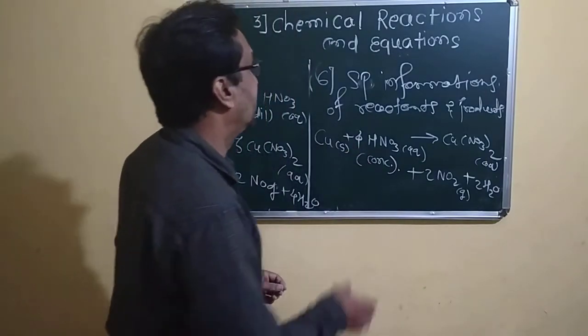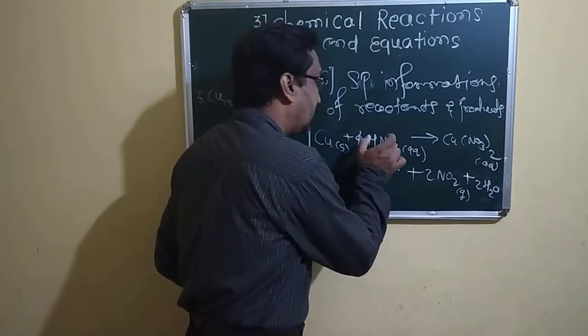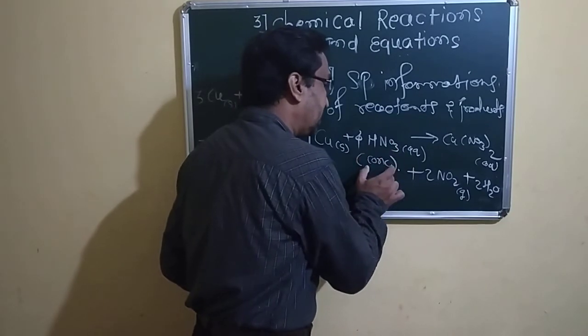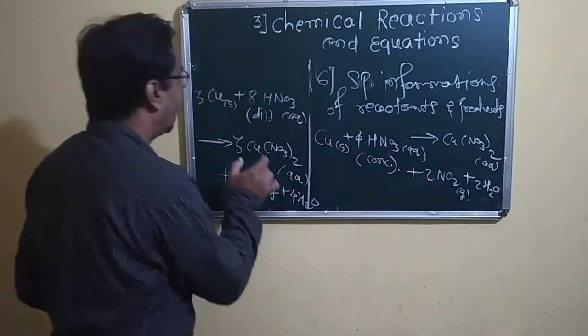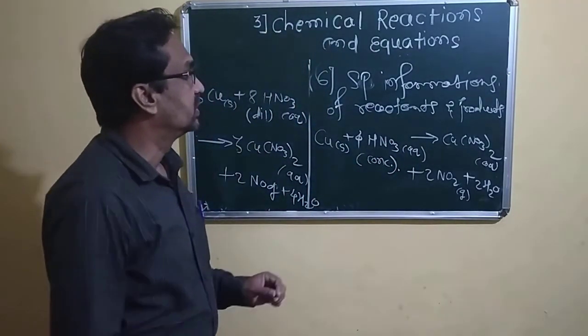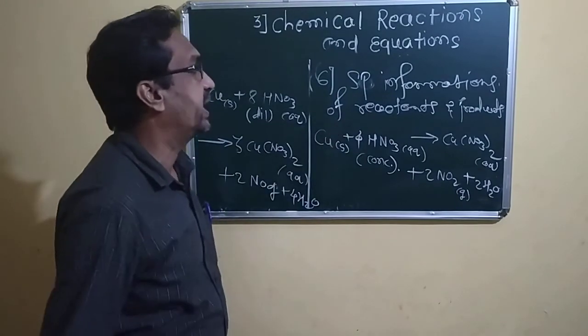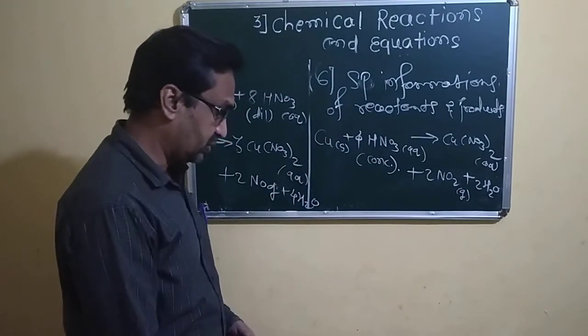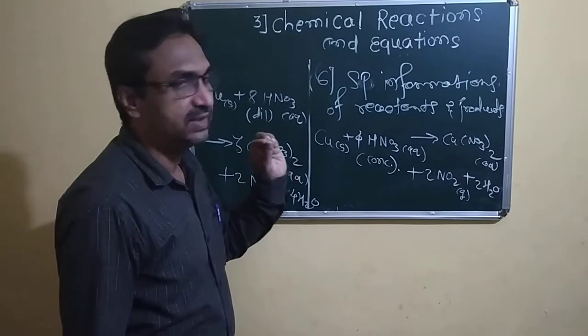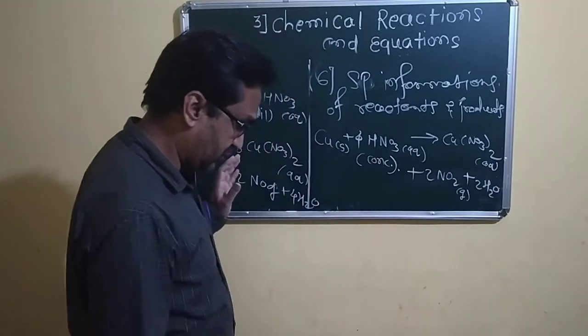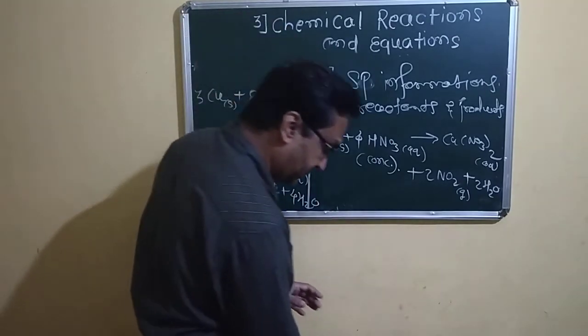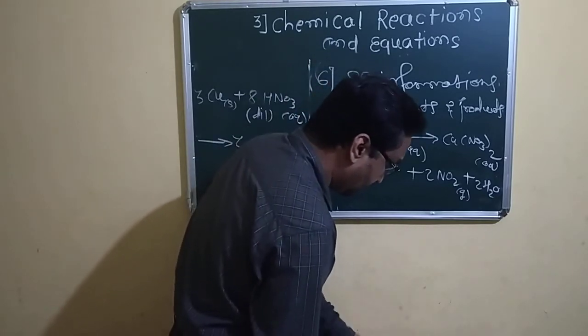So when we react copper with nitric acid, we must write down whether it is concentrated or dilute. So specific information of the reactants and products we have to write in such a way. These are the things we have to see.